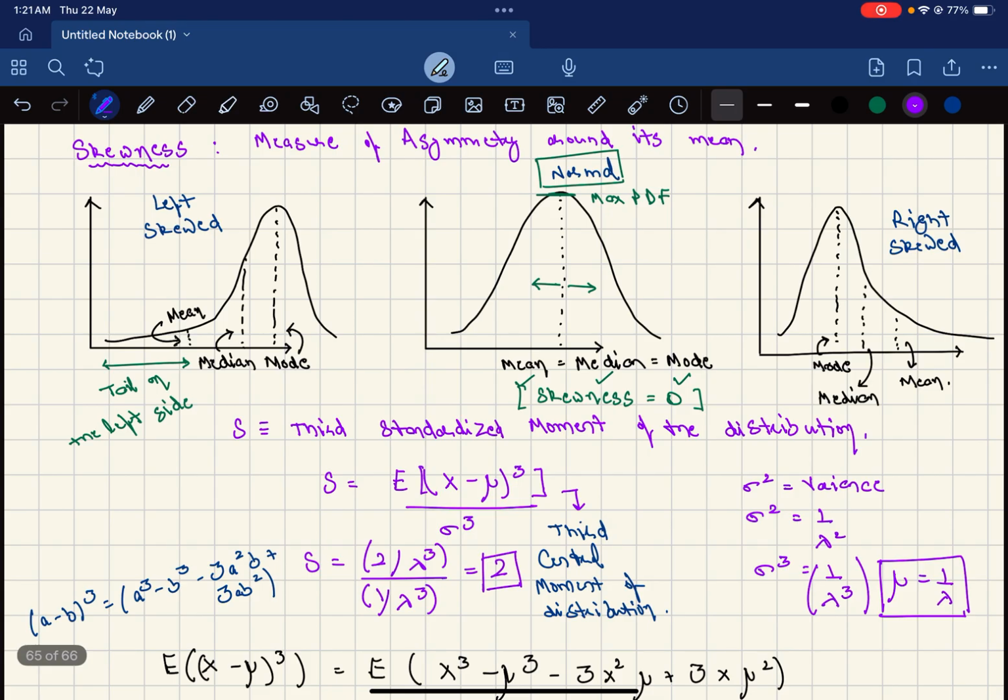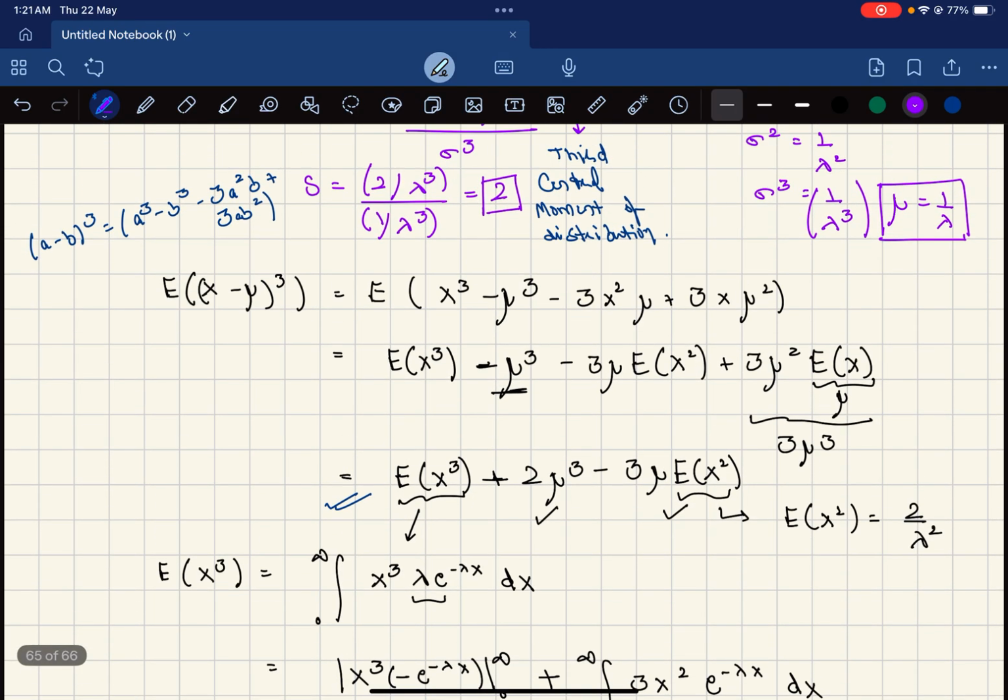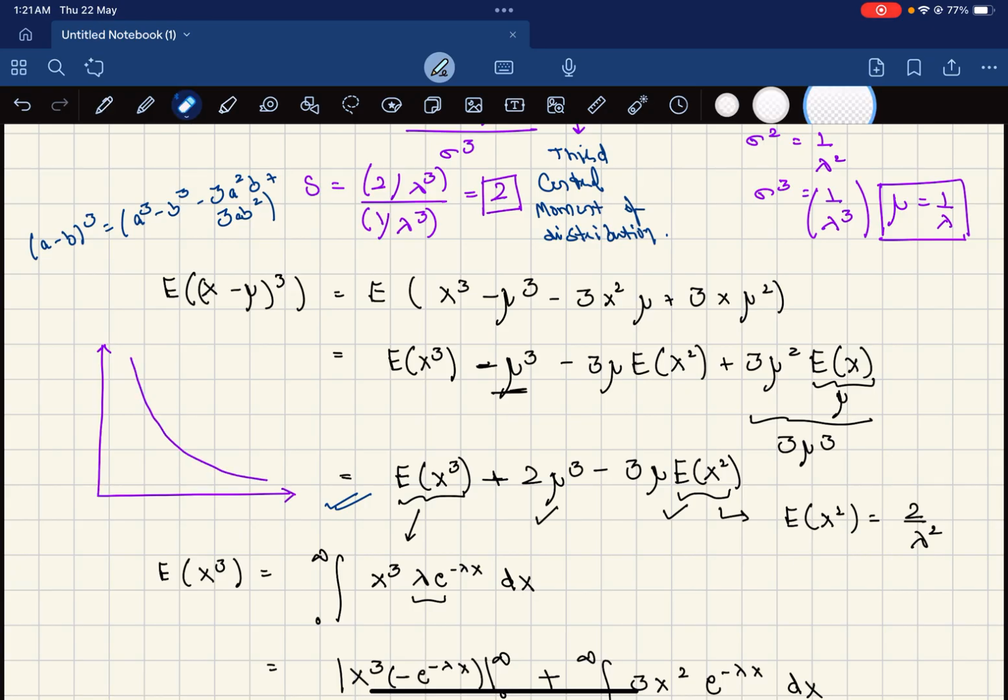Therefore we have a right skewed kind of distribution for an exponential distribution, and we have seen that before as well. If you remember, in our previous discussion when we were calculating the mode, we looked at the shape of the distribution as something like this, which just shows the same thing, that there's a right tail here, which means positive skew.